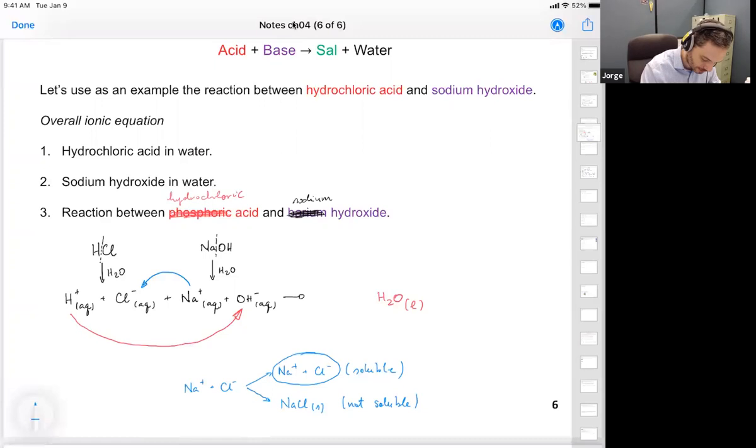So that's the reason that we have here Na plus aq plus Cl minus aq and not NaCl as one thing.